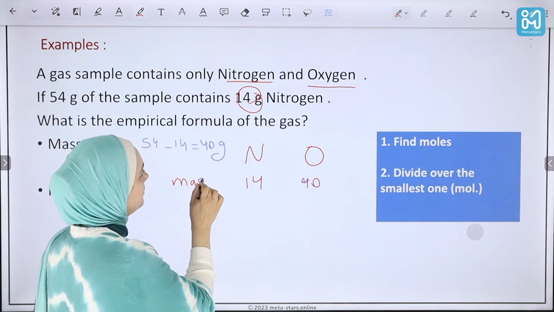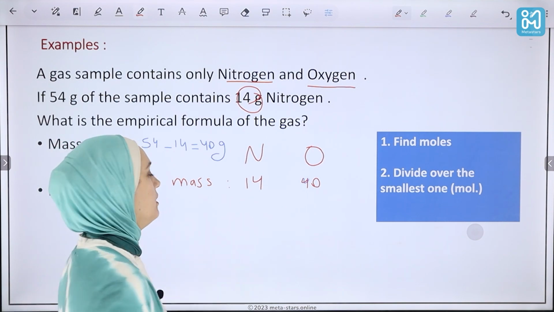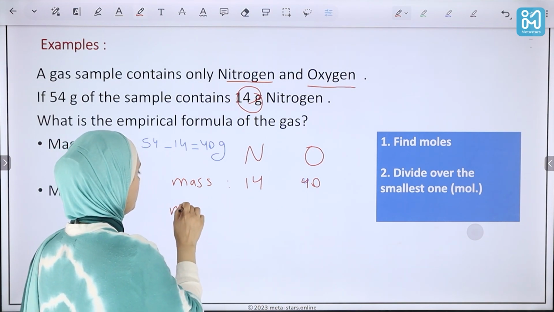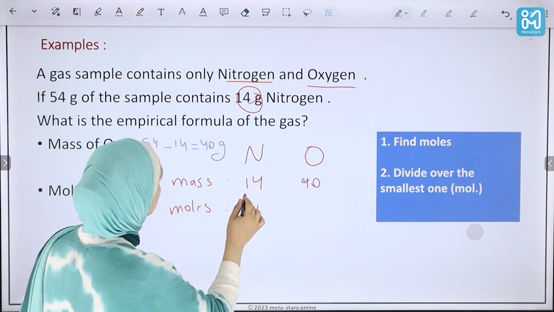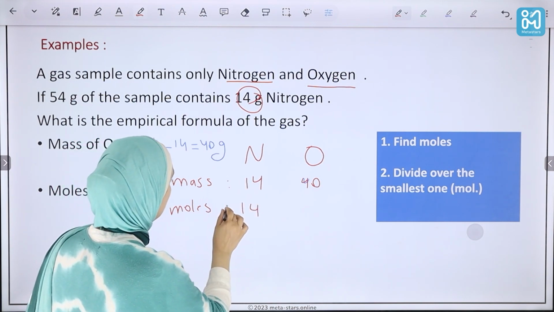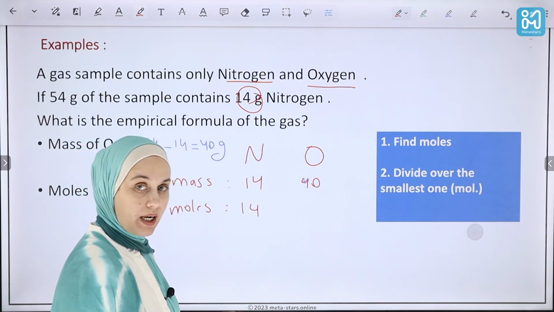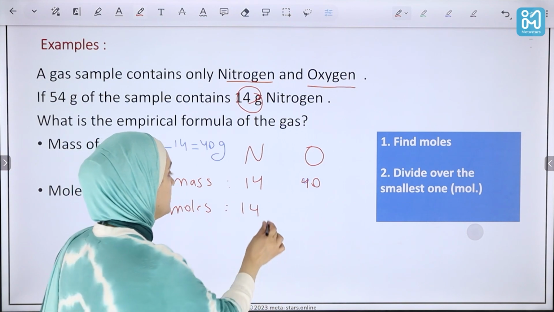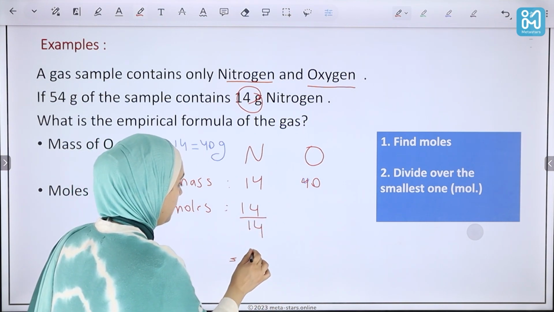The first step: the mass for each atom. Now I have to find the number of moles. How can I find them? 14 over the molar mass. What is the molar mass of nitrogen? Where can I find it? In the periodic table, 14 over 14 equals 1.